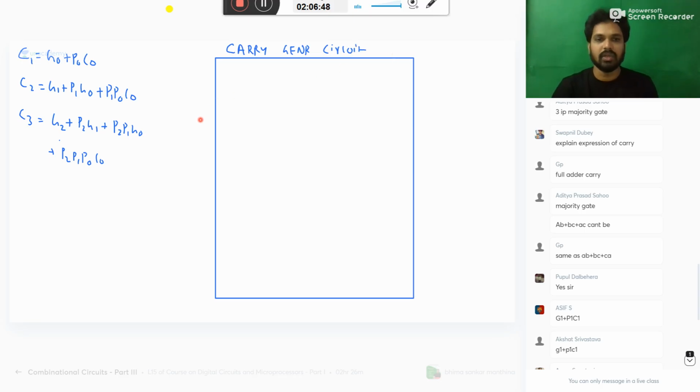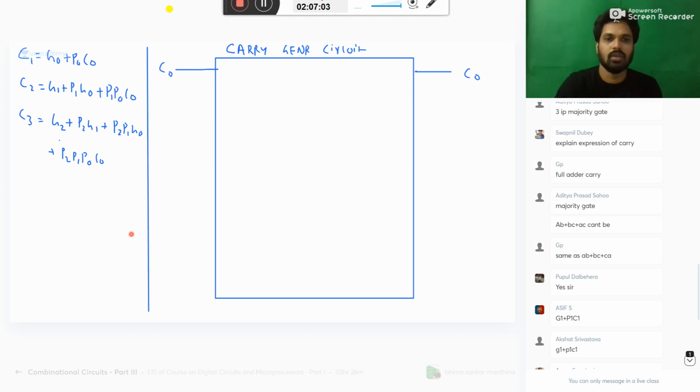Okay, now please listen. You give here C0, and you will get C0. What is C0? The initial carry. Then you give A0 and B0 to one AND gate, and what you get here is G0.